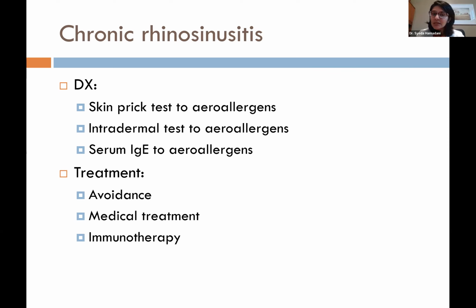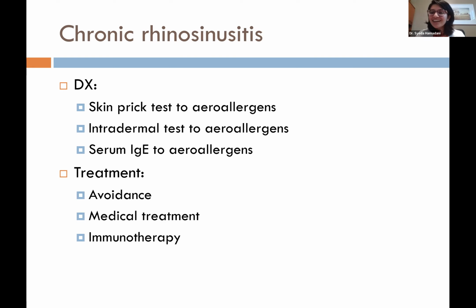Once we diagnose it, the way to treat this is, again, we spend a lot of time educating about how to avoid what you're allergic to. So if I have a patient come in that has a cat at home and they're allergic to their cat, we'll talk about what are the things you can do. Obviously, I always preface by saying, ideally you wouldn't have a cat, but I'm assuming you're going to keep it.